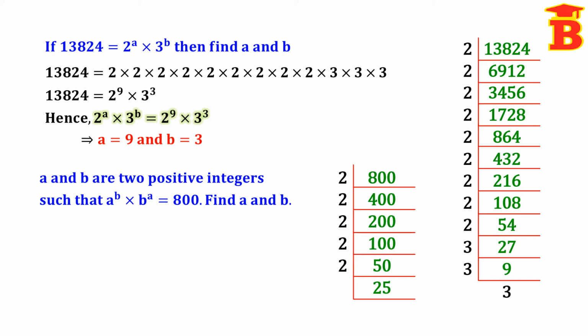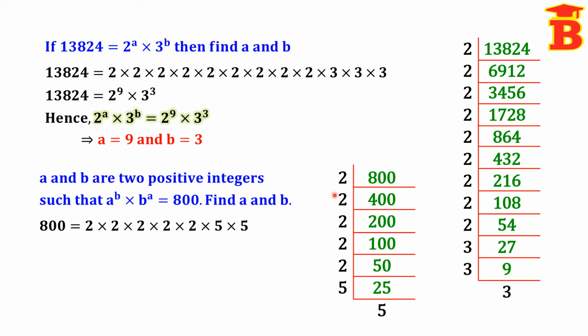Now we have 25. This we can divide by 5 only. So that is 5 into 5, 25. So finally we write 5, 5. So the given number 800 can be written as 2 into 2 into 2 into 2 into 2, 5 times 2.